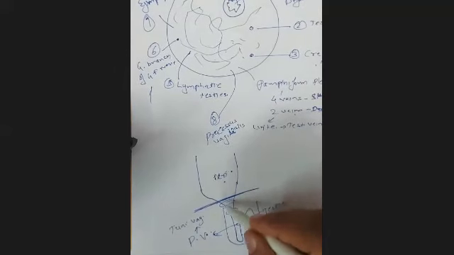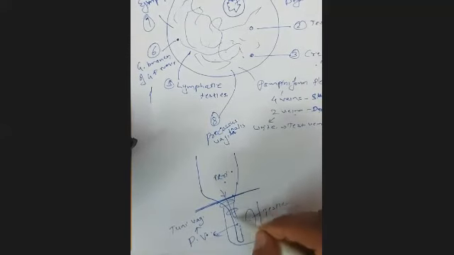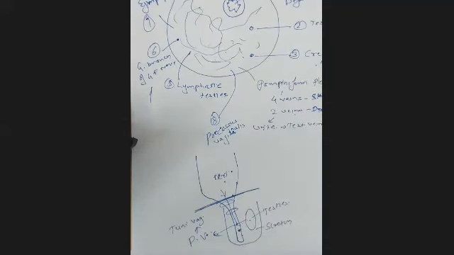Now, what if this cutoff doesn't happen? If this cutoff doesn't happen, then the abdominal organs herniate from the deep ring to the superficial ring into the scrotum, and this is called indirect hernia.